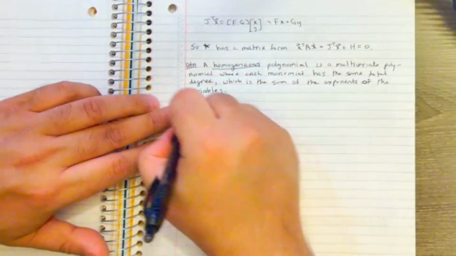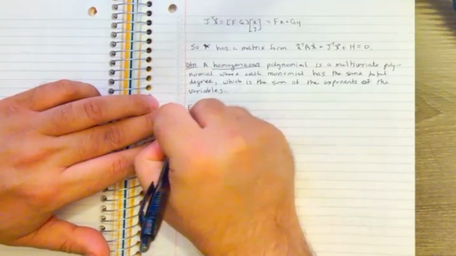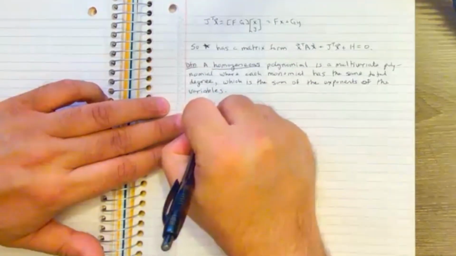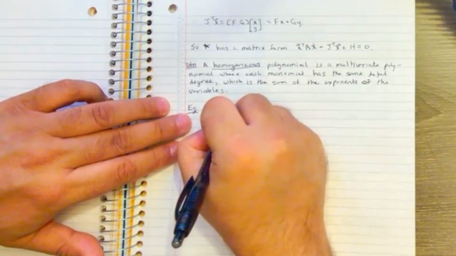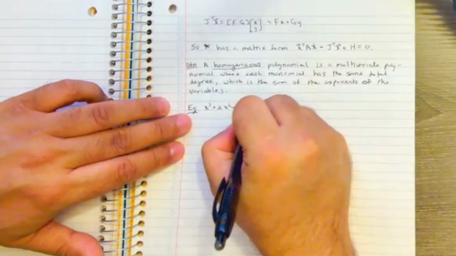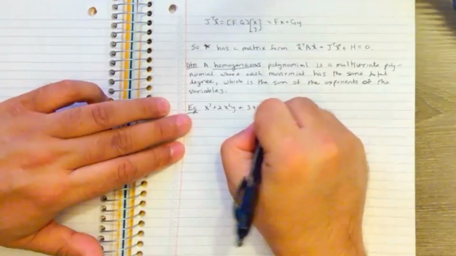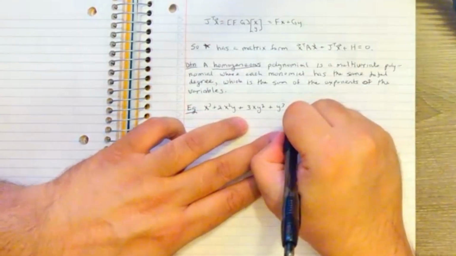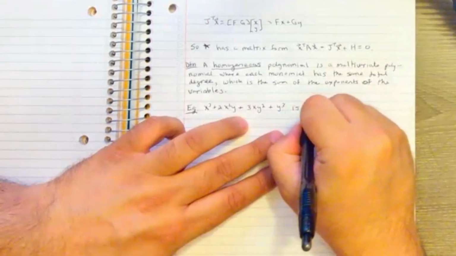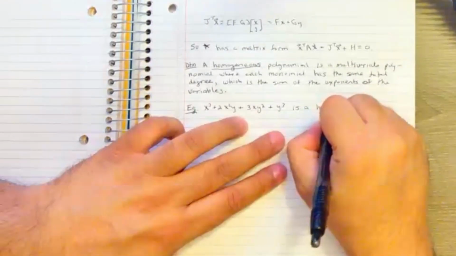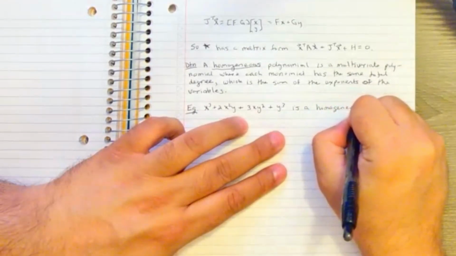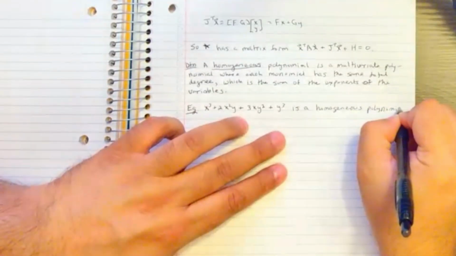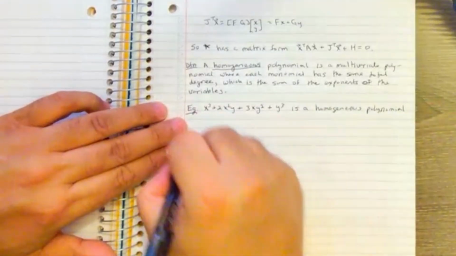So, for example, the polynomial x cubed plus 2 times x squared times y plus 3 times x times y squared plus y cubed is a homogeneous polynomial of degree 3.